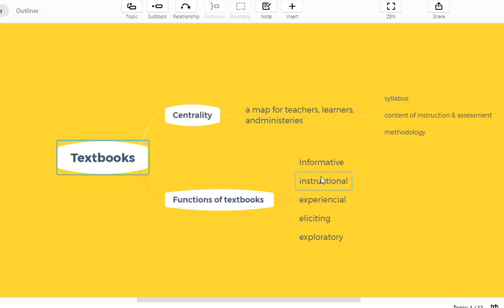So you can see that all textbooks are informative and they are instructional. Instructional means that they include some content. The content is used by the teachers and provided to the learners to practice.